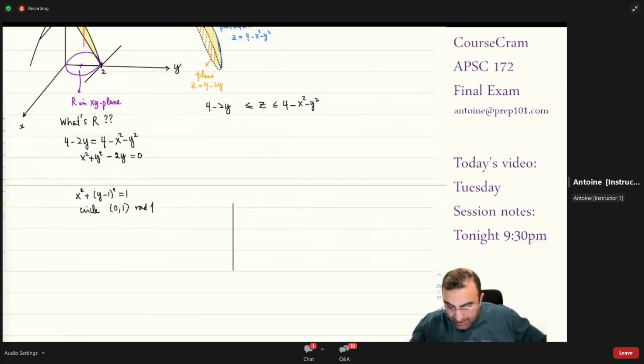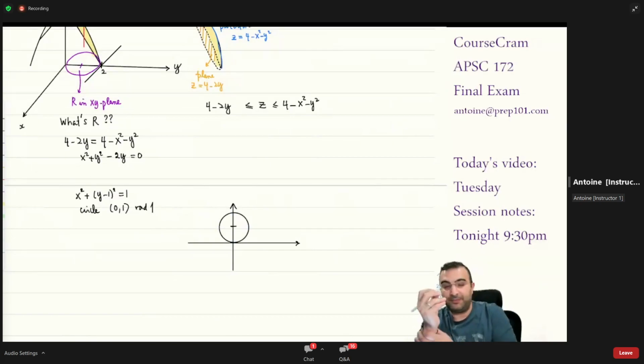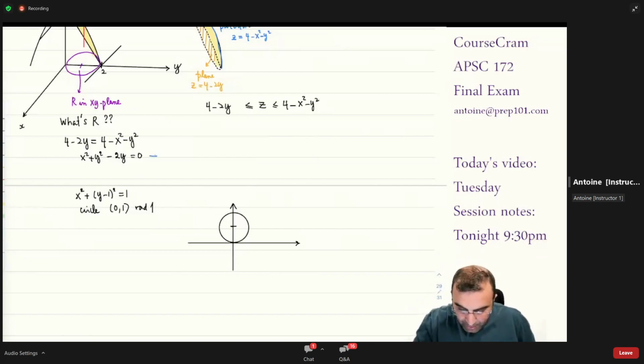So the region in the xy plane is that region we talked about. It's the center (0, 1), and this is the radius 1. So that's what's happening in the XY plane. Of course, from here, we could have also gone x squared plus y squared is equal to 2y, so r squared is equal to 2r sine theta.